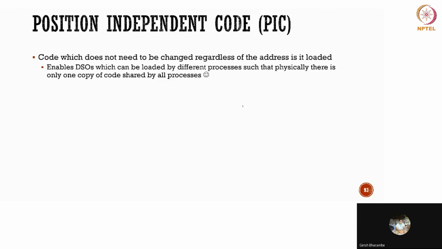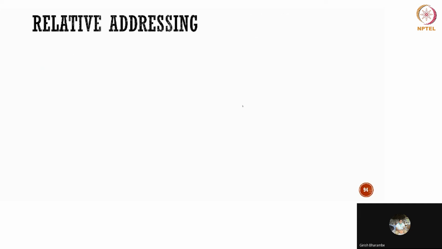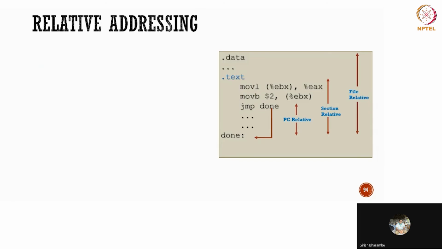If you load the program at 100, it is exactly the same; at 2000, exactly the same; at 5000, exactly the same. Then you can share it, because the program doesn't change no matter where it's loaded. A way to do this is by doing indirection. One thing you should realize is that relative addressing, which is PC-relative addressing, is always position independent.